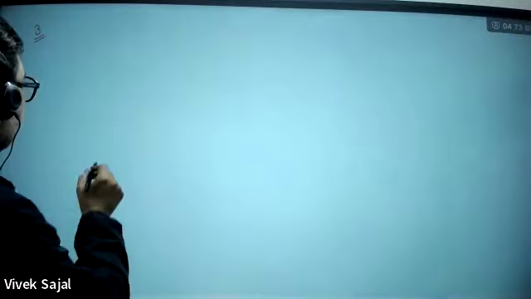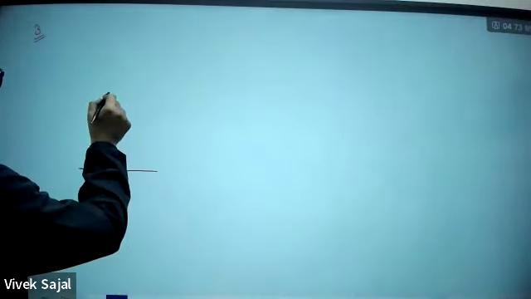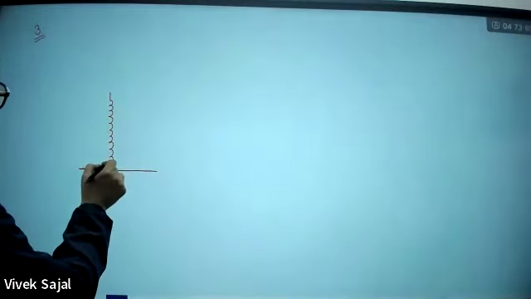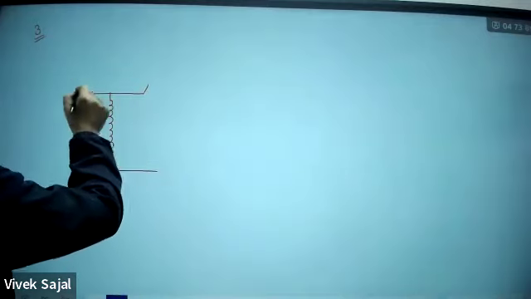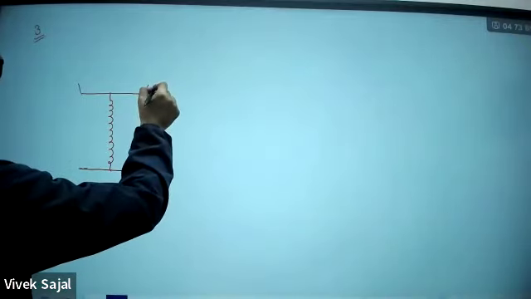So what is the question here? Here this is a spring. With this spring, a pen is attached, and the mass of this pen you can say is 3 kg.